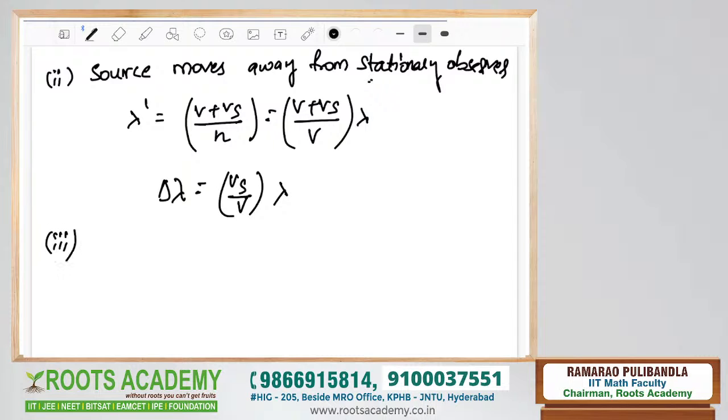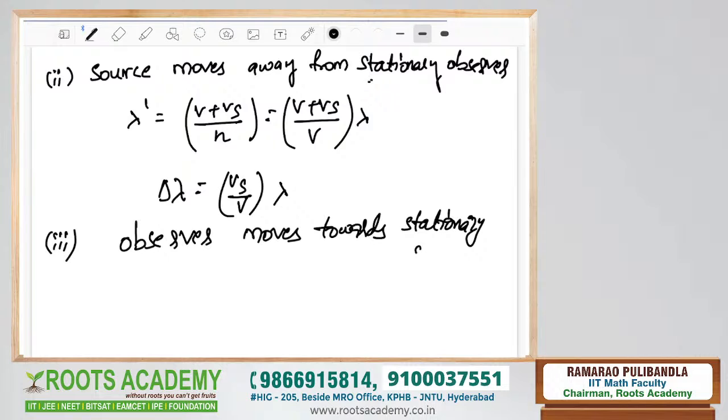So next case, if the observer moves towards a stationary source, he receives an additional number of waves. Till now we saw that the source is approaching the stationary observer. In this case, the observer moves towards the stationary source, that is, the source is at a rest position.